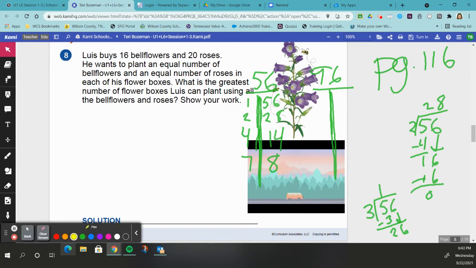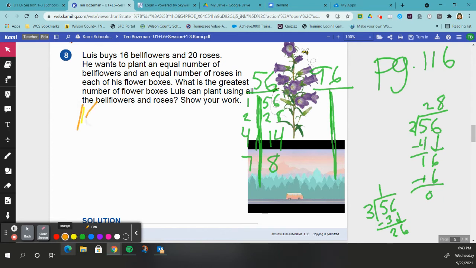So we can find this by looking at our factors here.